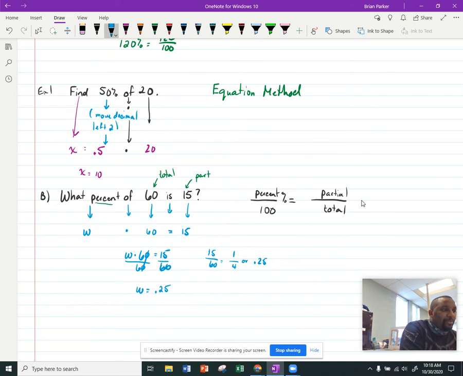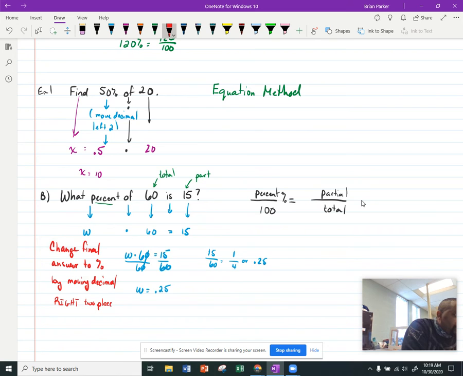And so whenever they ask you what percent, you need to remember to change your final answer to a percent by moving the decimal to the right 2 places.